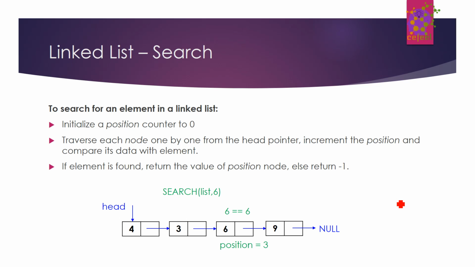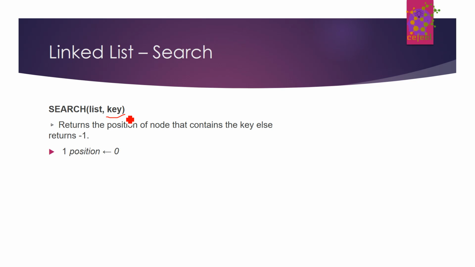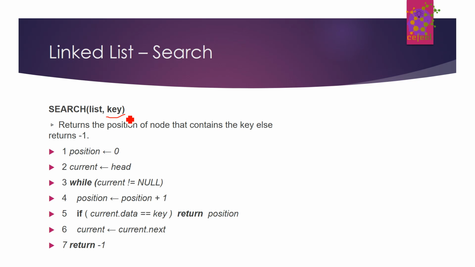Now let's see this as an algorithm. So let's say we want to search through a list and we are searching for an element or a key in the given linked list. So what we do is we start with position is 0, a variable, and then we'll start with a pointer current which starts with head, and while current is not null, which means while we keep on moving through the list and then incrementing our position, and in step 5 we will compare the data.